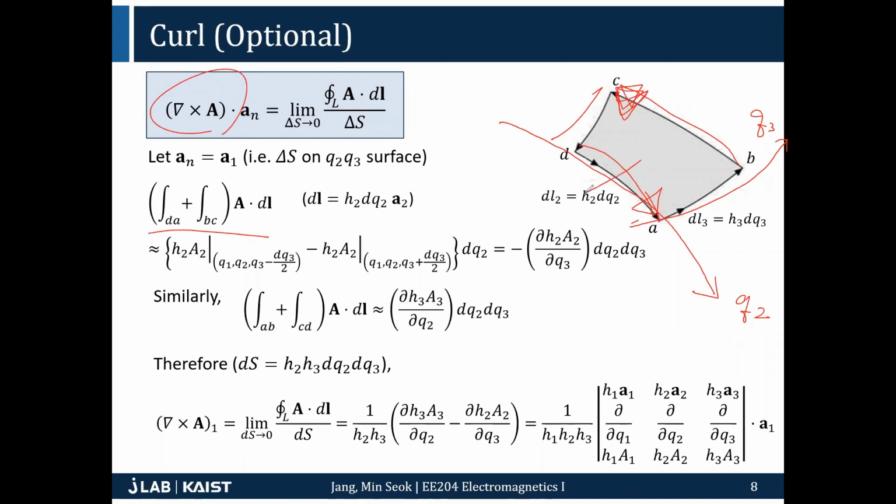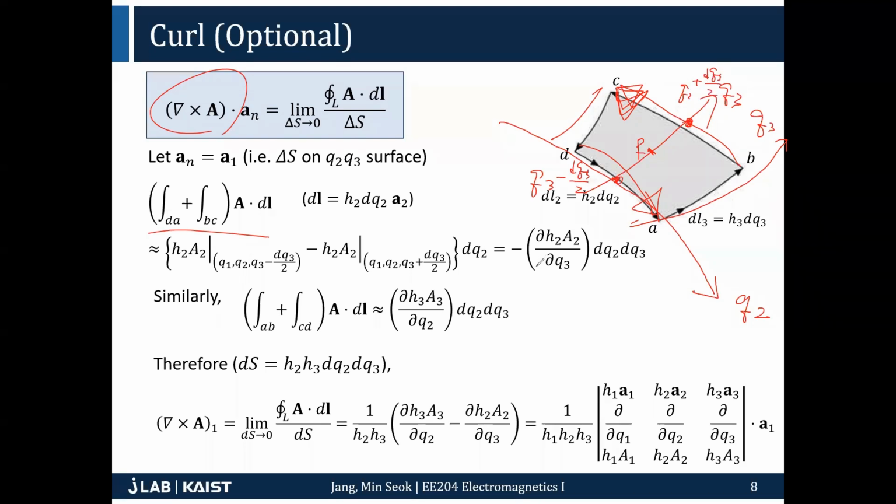Okay, and because they are separated along the Q3 axis, and this is your point of interest, what is the Q3 position value for these points? It's Q3 minus DQ3 divided by 2, and Q3 plus DQ3 divided by 2, right?